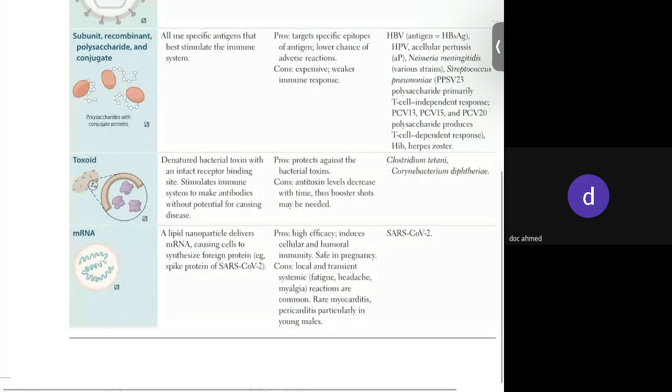Because you're training the entire aspect, both the humoral and the cellular. For the cellular, we need a kind of infection. But since you're killing the toxin, the receptor cannot cause infection. They can train your B cells, right? So for that, we have to keep them in training again and again via booster shots.